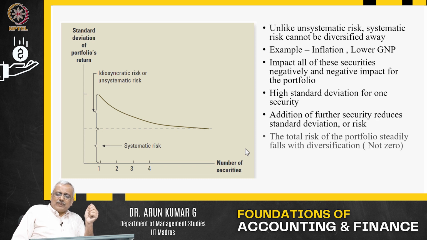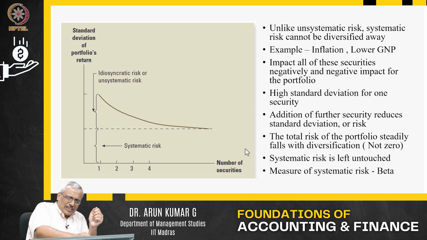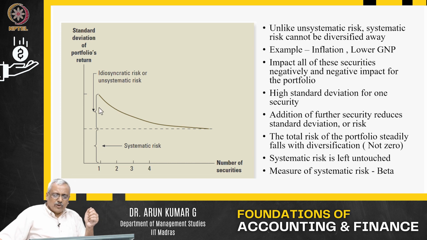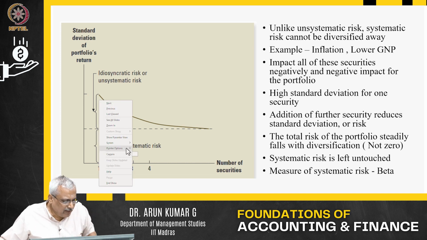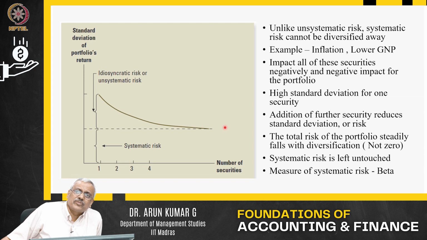That's what I've explained about risk with the help of a graph. There is a minimum level of risk, and that is what you see here, where I am going to use my pointer. You can see my pointer on the screen. This is the systematic risk, and this risk is uniform across all firms. Over and above that is the unsystematic risk. It varies. For example, if I invest in only one stock, my unsystematic risk is high.